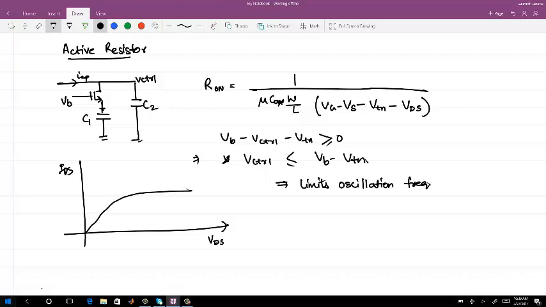For VDS you are very, very low here, and with respect to VGS, your VGS minus VT is also not exceeding.